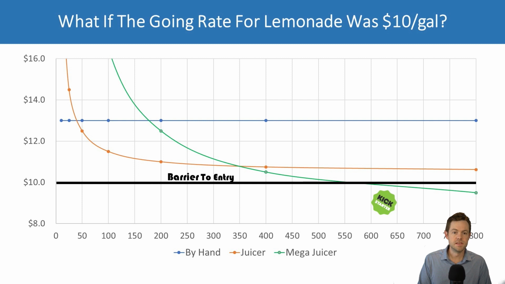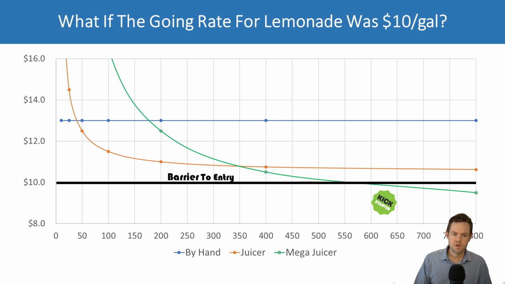So this creates a barrier to entry for anyone who can't sell that much lemonade or can't buy the machine, the mega juicer, that allows you to be profitable at the higher scales. So that creates that barrier to entry that we talk about in Porter's 5 Forces.